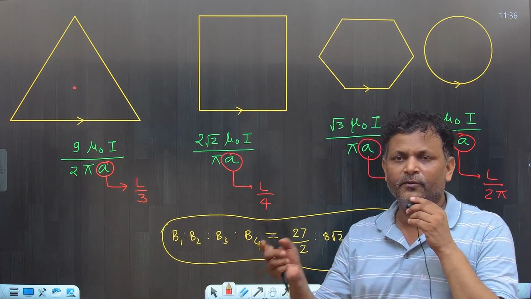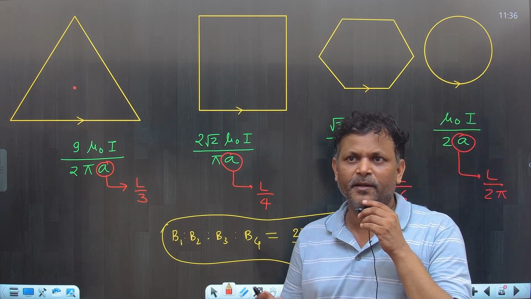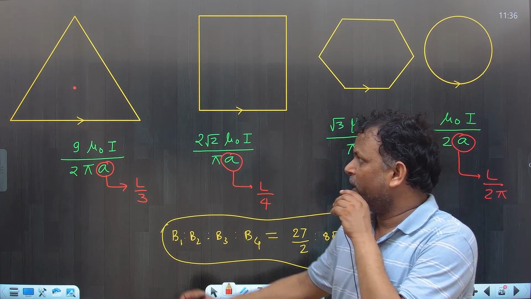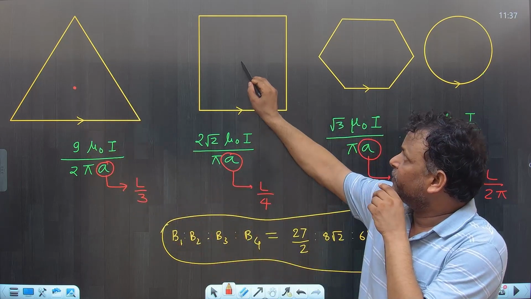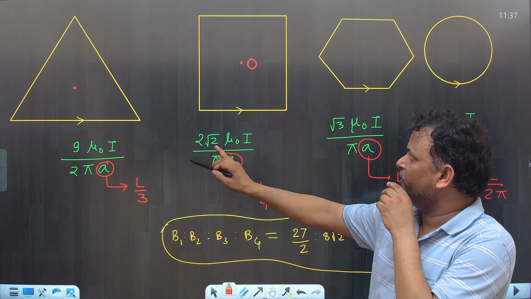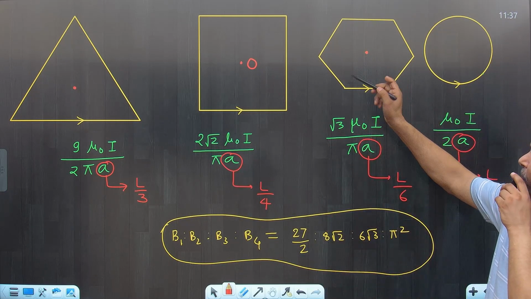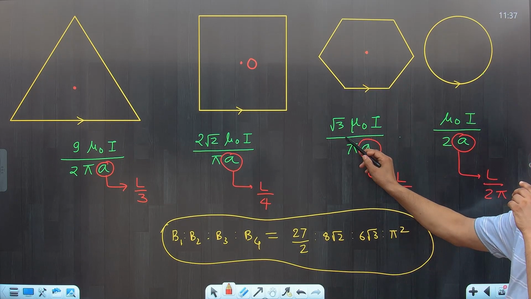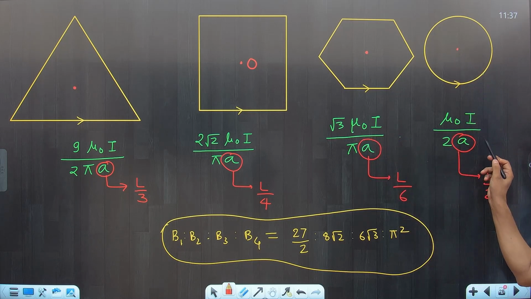Otherwise in the exam we must calculate, we should not remember it. So 9 mu naught I by 2 pi A for the equilateral triangle. At the center of the square it will be 2 root 2 mu naught I by pi A. At the center of the hexagon we have earlier calculated root 3 mu naught I by pi A, and at the center of a circle the formula is mu naught I by 2A.